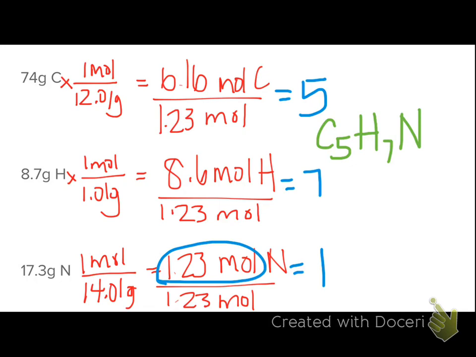Now it's important for you to keep track and keep your stuff organized, because it would have been very easy for me to have written this like this, if I would not have known which ratio matched up with which element, okay? So please make sure that your work is organized.